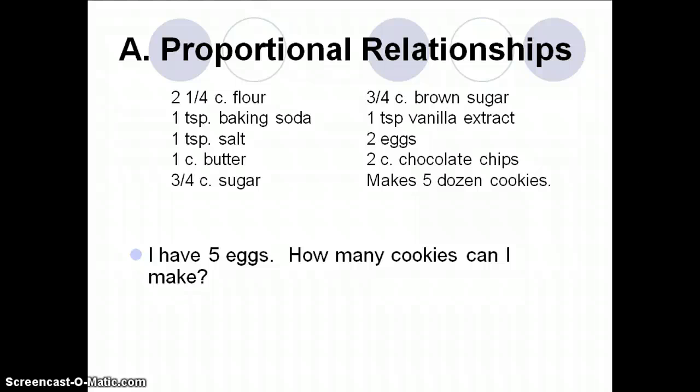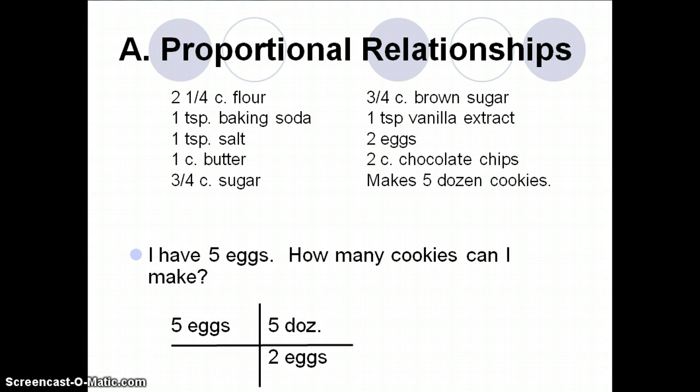Looking at the fact that you have 2 eggs per recipe, or per batch of 5 dozen cookies, we have this equality of 2 eggs equals 5 dozen. So we can use our dimensional analysis here to cancel out our eggs and be left with 12.5 dozen cookies.